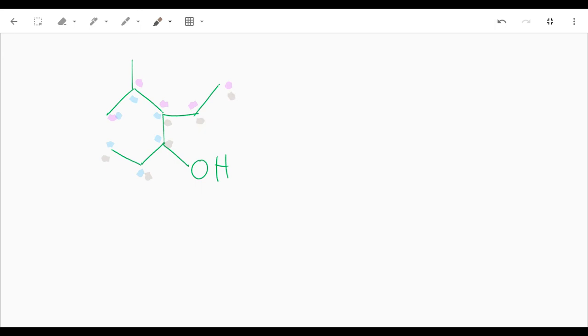Well, the one we're going to want to use for this one is the blue. And the reason that we're going to want to use the blue is that the purple I can just get rid of because it's not the longest one. It's a 5-carbon parent chain instead of the longer 6-carbon parent chain.